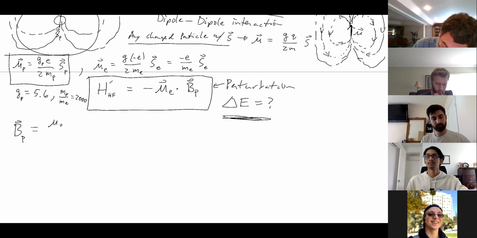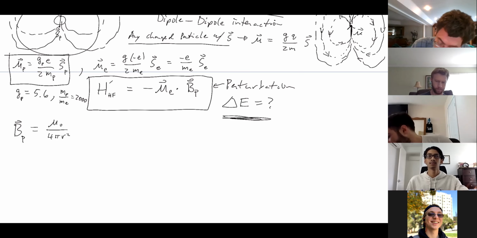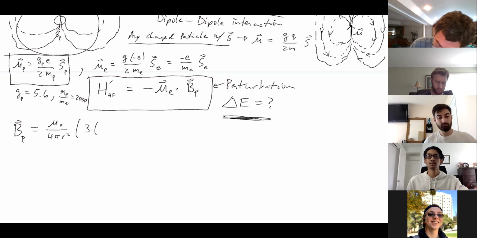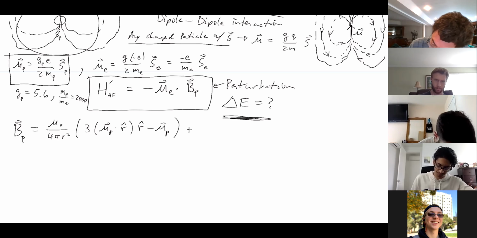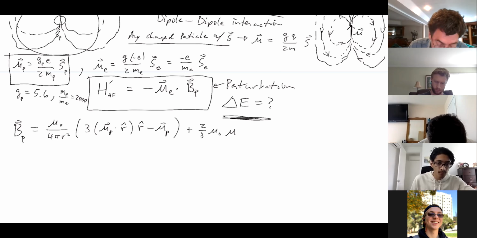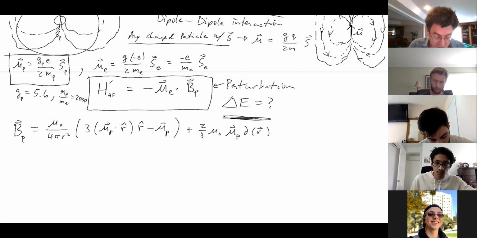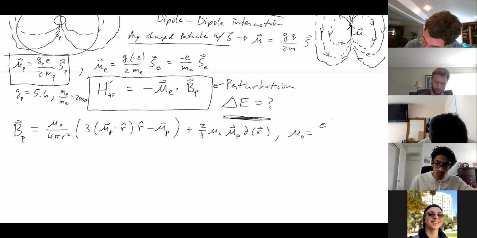Mu naught over 4 pi r squared times 3 mu sub p dot r hat, r hat minus mu sub p, plus 2/3 mu naught mu sub p delta of r, where mu naught is the nuclear magneton, e h bar over 2 m sub p.